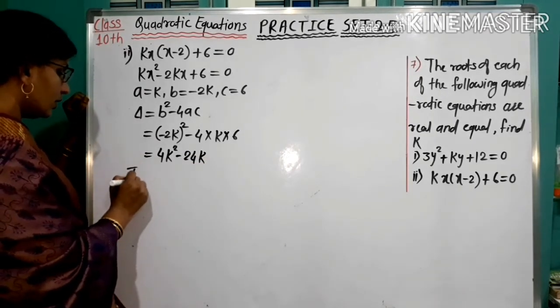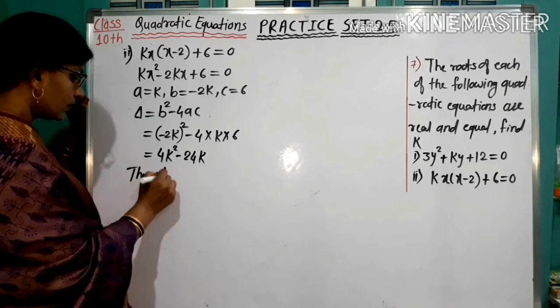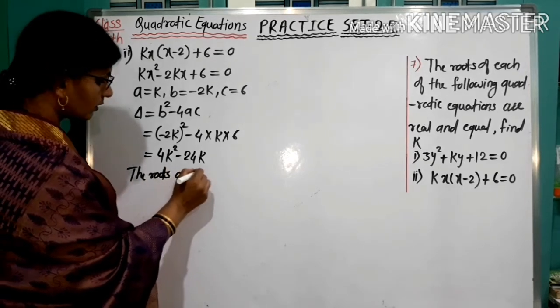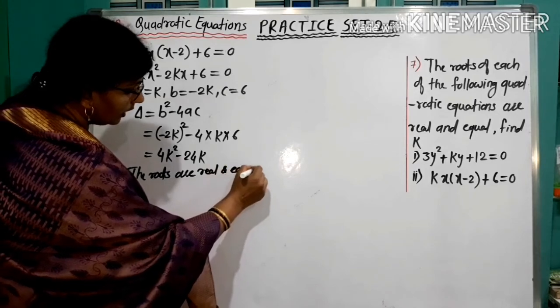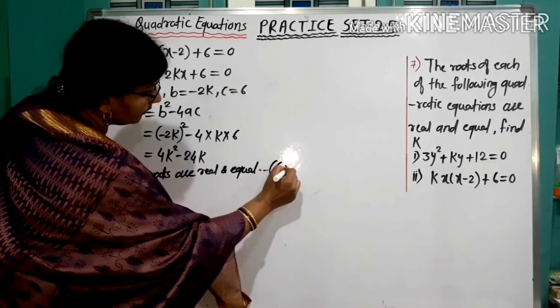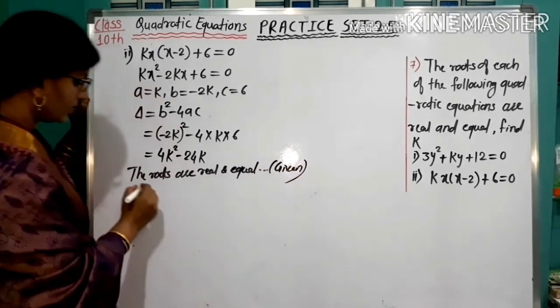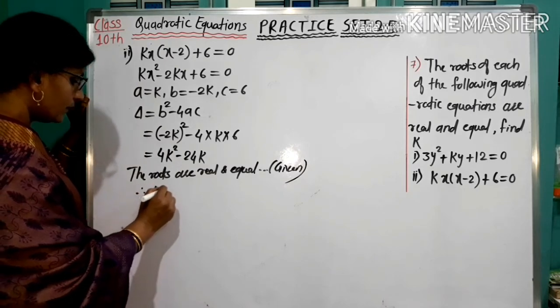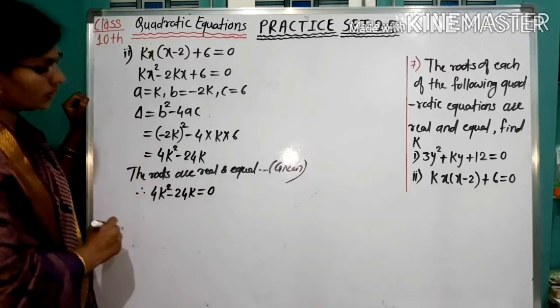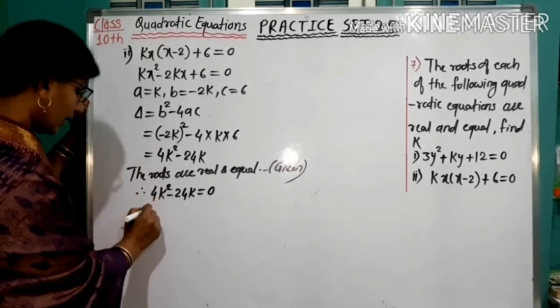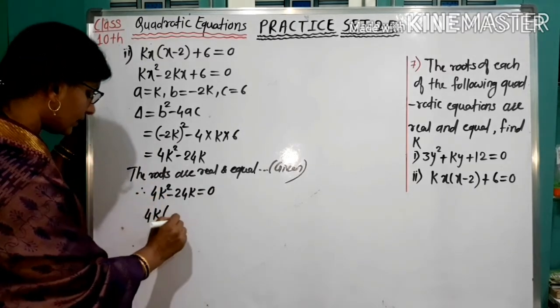Here also the roots are real and equal. This is also given. Therefore, this 4k square minus 24k equals 0. From this, take 4k as a common term.